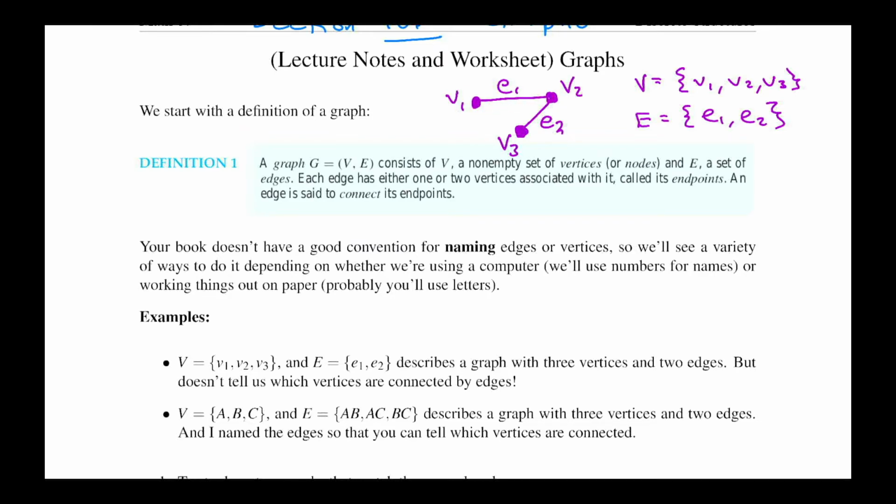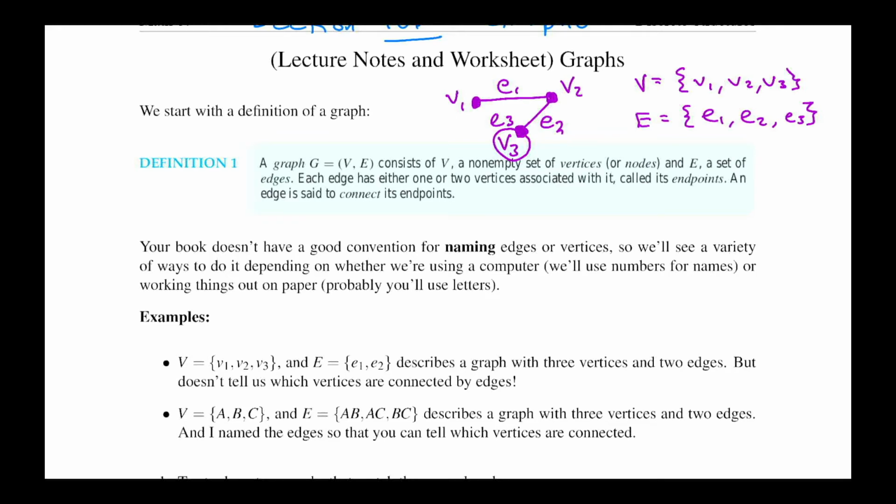Now, why would an edge be associated with only a single vertex? Well, you can have an edge go from one vertex to itself. So that'd be like E3 now. E3 connects vertex 3 to vertex 3, so there's only one vertex associated with it. And that's called a loop, and that definition will be down below.